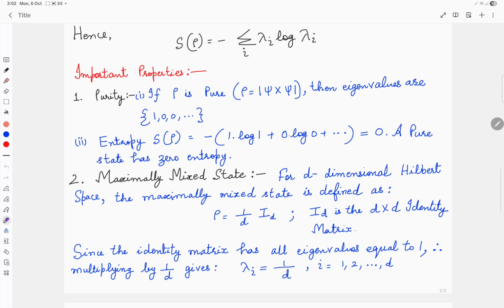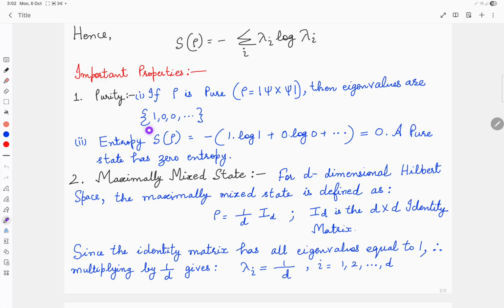Now there are certain important properties of this relationship. Number one is purity. If rho is pure, that means the density operator is an outer product of psi, then the eigenvalues will be given by 1, 0, 0. There will be only one non-zero eigenvalue for the pure case, and this eigenvalue will be equal to 1.